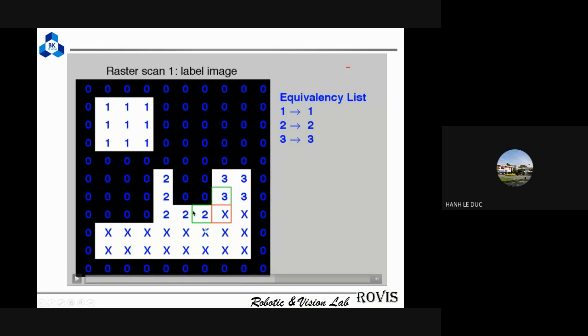So this one will become 2. So give priority to the lower one.